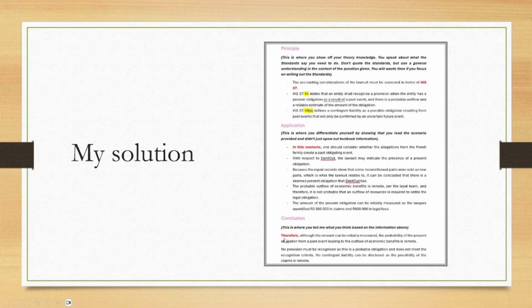Therefore, although the amount can be reliably measured, the probability of a present obligation from a past event leading to the outflow of economic benefits is remote. So it doesn't meet the criteria of a provision in terms of IAS 37.14. Therefore, no provision must be recognized, and as this is a possible obligation that does not meet the recognition criteria, no contingent liability can be disclosed either. Why? Because the possibility of the claims is remote.